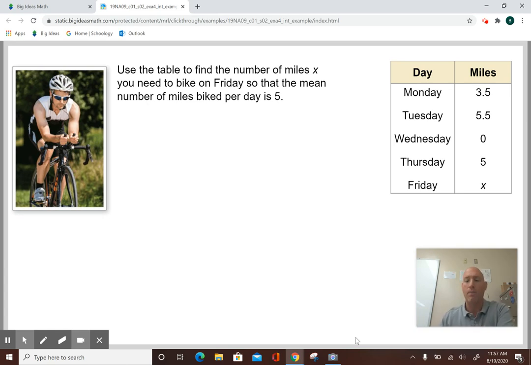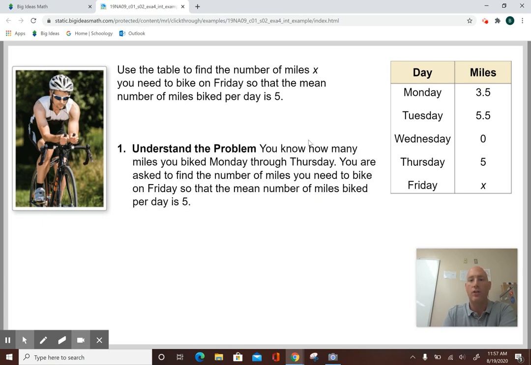Okay, so let's start thinking about the problem solving aspect of it. Understand the problem. When we look at this, we have this chart that shows how many miles we did every day. We want to average a certain number of miles per day. Even if you don't know how to do this problem right now, one thing should be clicking in your head.